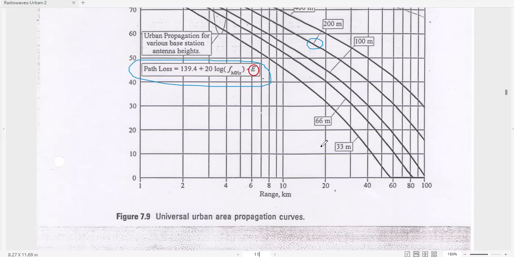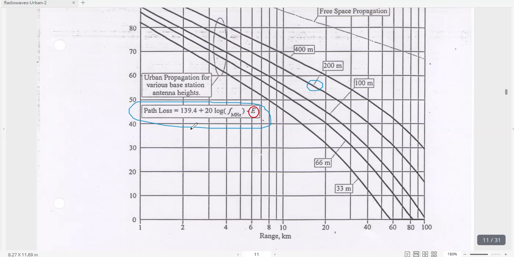The value was 50 here, 56 point something. Here, approximately. Let me just go back.